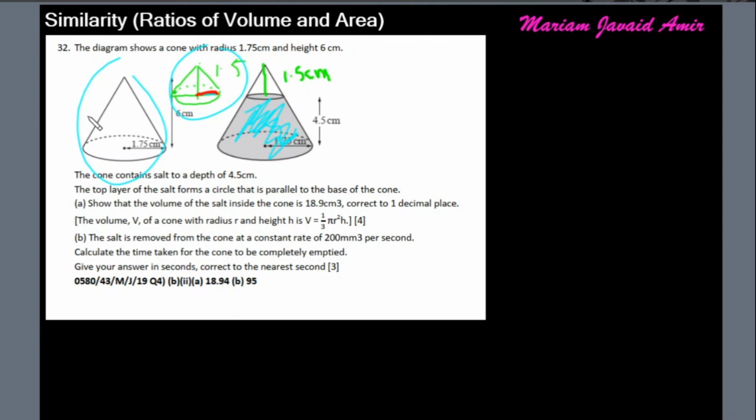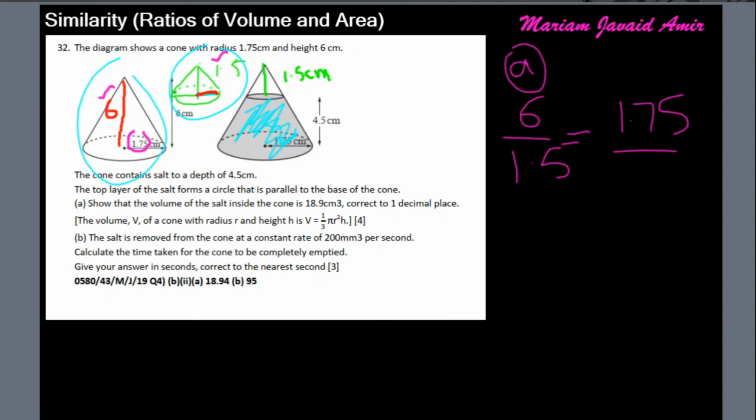For that, I'll use the ratios of corresponding lengths of a similar triangle. So we know that this length is 6. So I'll write 6 over 1.5 should be equal to 1.75 over the radius of the smaller cone.